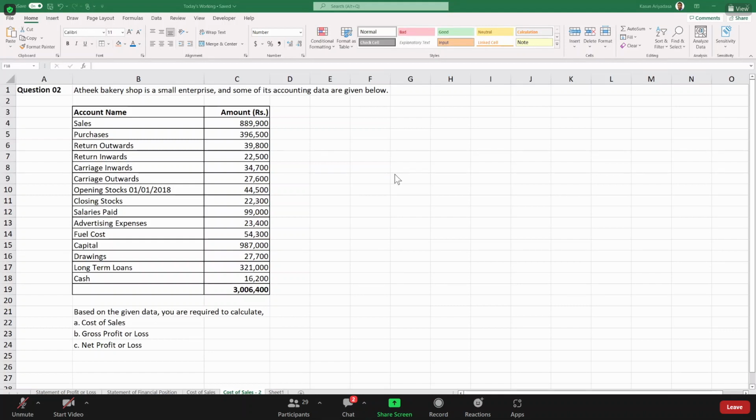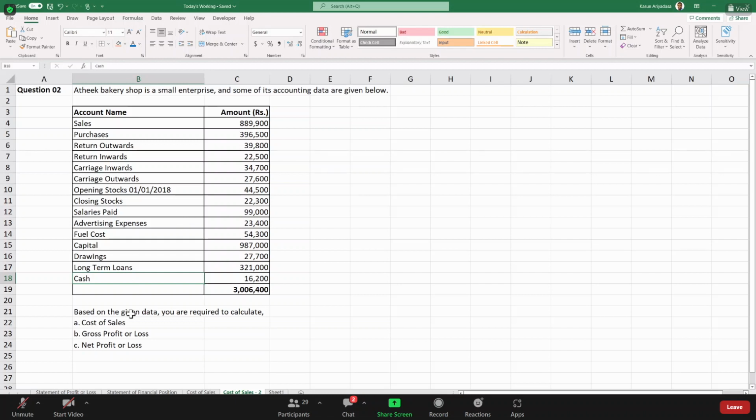Okay, so I have given some transactions here. Sales, purchases, return outwards, return inwards, carriage inwards, carriage outwards, opening stocks, closing stocks, salaries paid, advertising expenses, fuel cost, capital, drawings, long-term loan, cash. This is a mix of transactions.